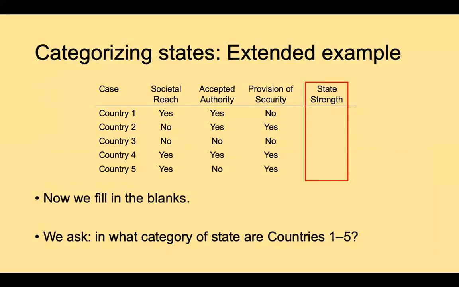Take a look at those values and then categorize those different countries according to different levels of state strength. And then in a moment, I'll show you my results and we'll double check to make sure that we're all on the same page. So let us know in the chat. We've got a few minutes here, but I think we can still get it done.